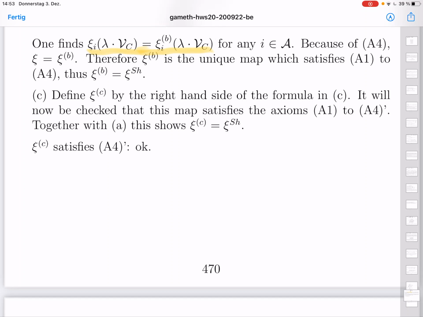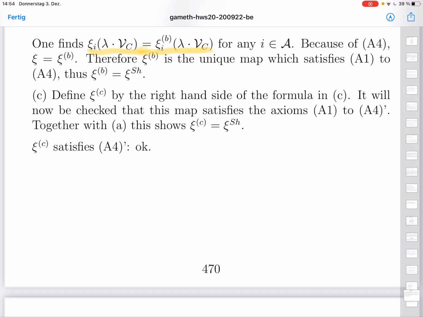And because of the uniqueness of the Shapley map, we then see that this new map psi upper index C is equal to the Shapley map psi Shapley. So we have to check that this formula gives us a map which satisfies all four axioms and even the linearity.